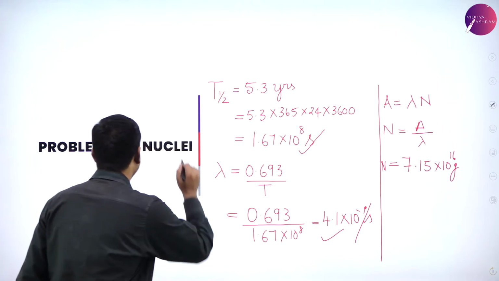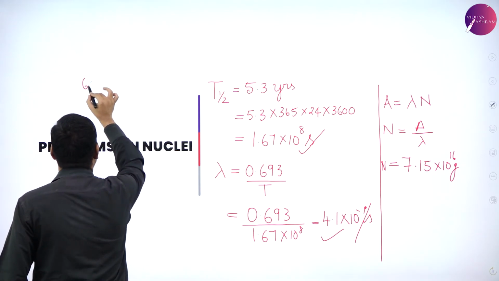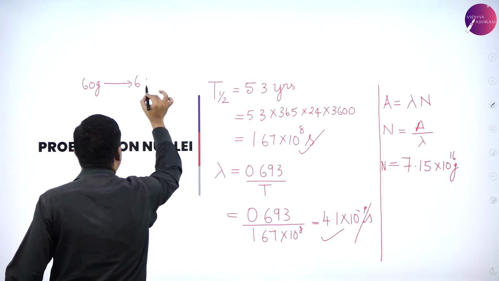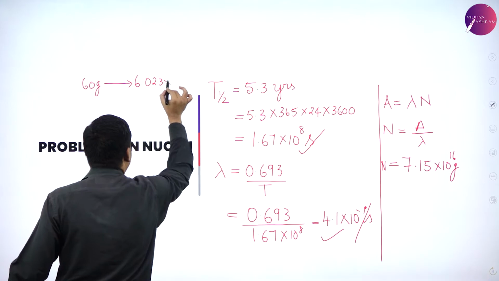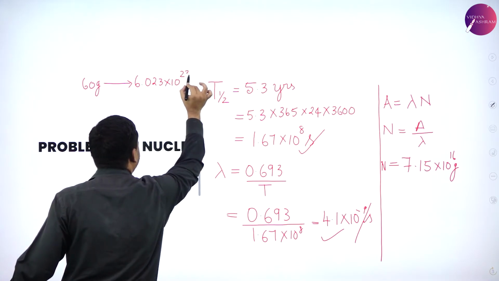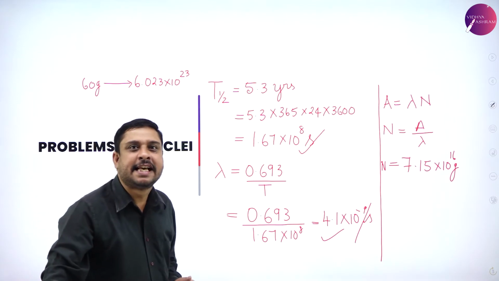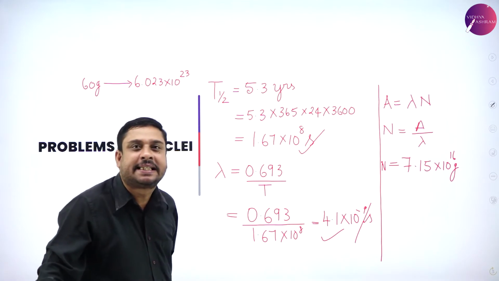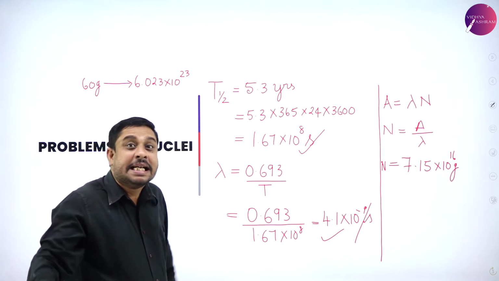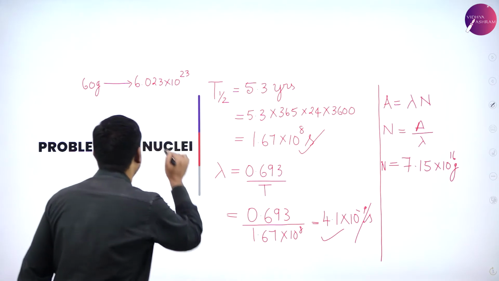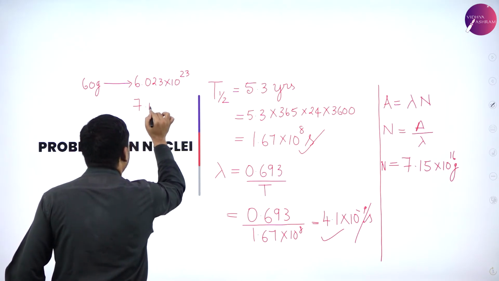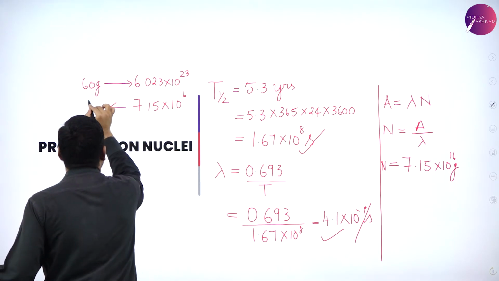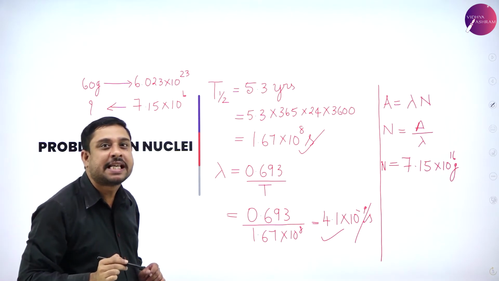Which means, now 60 grams of cobalt has Avogadro number of atoms, which is 6.023 into 10 power 23 atoms. Our sample has how many atoms? 7.15 into 10 power 16 constitutes what mass of the sample?